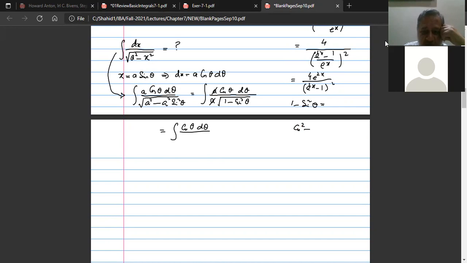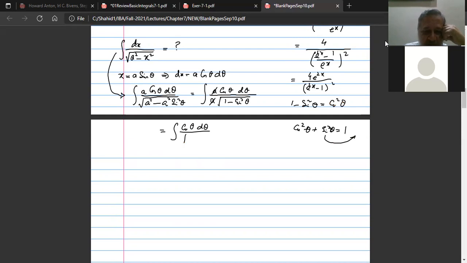And what is cos square theta plus sin square theta equal to? ये 1 है तो 1 minus sin square theta किसके बराबर हुआ? What we are left with is cos square theta.